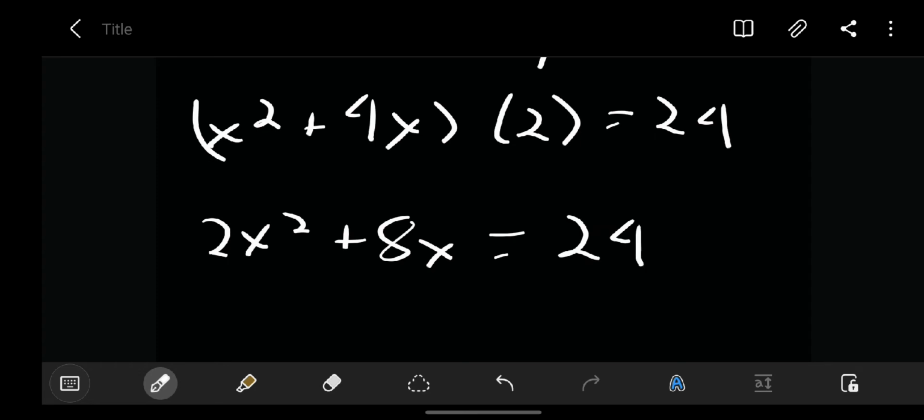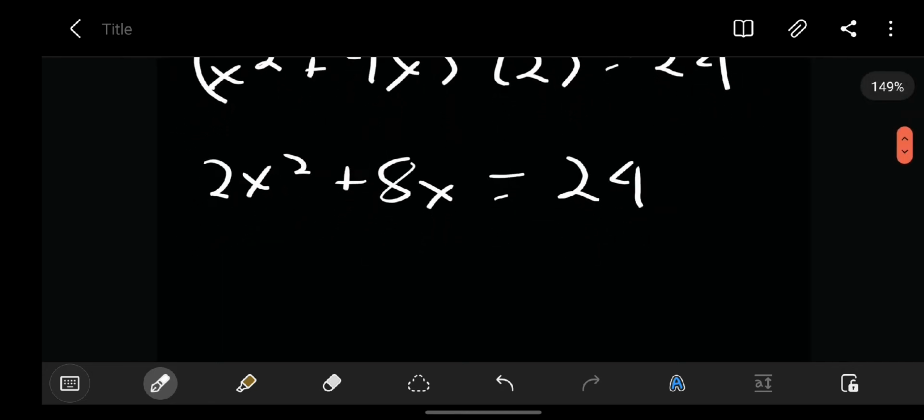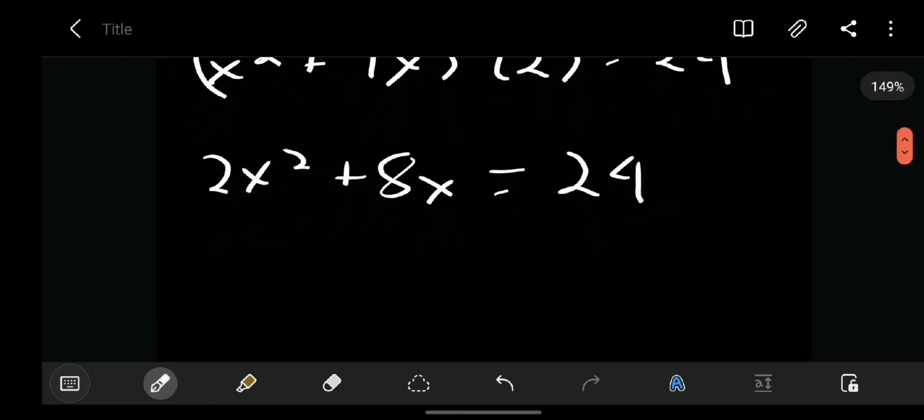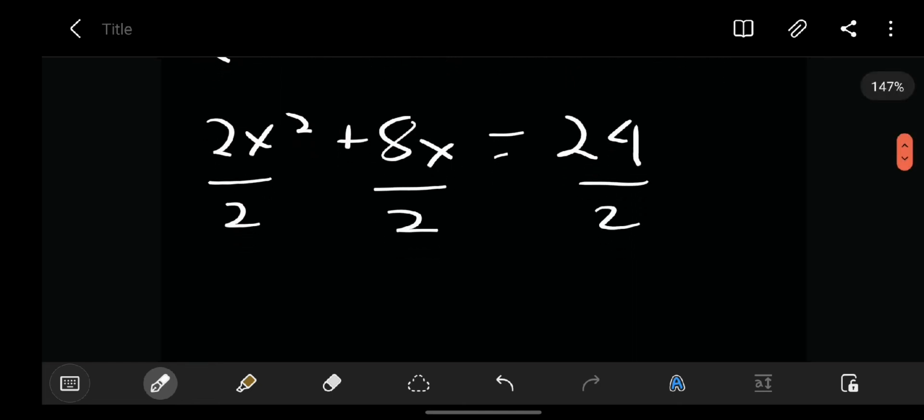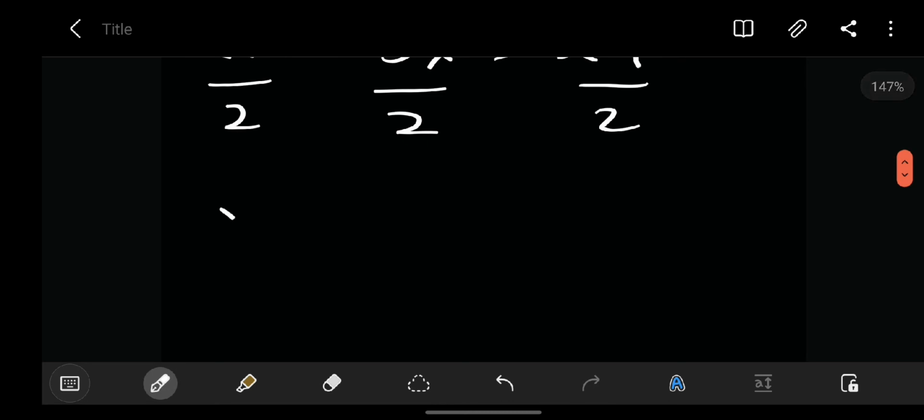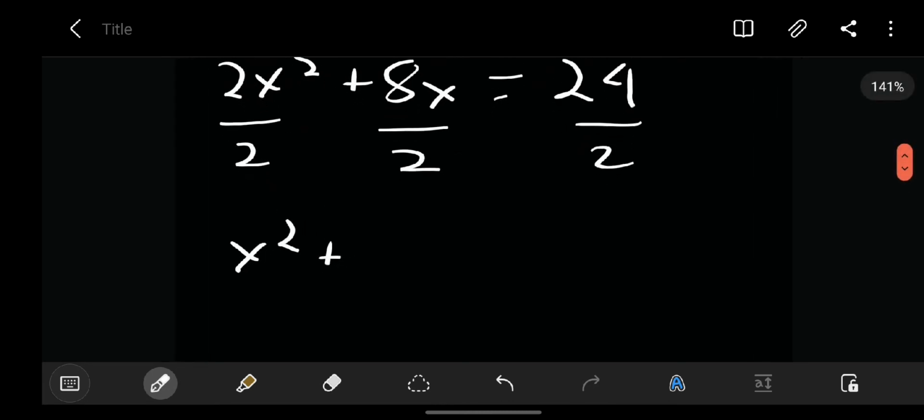Now we need to simplify this since there's a 2 on each term. We're going to simplify it by dividing by 2. Now we've got x squared plus 4x equals 12.